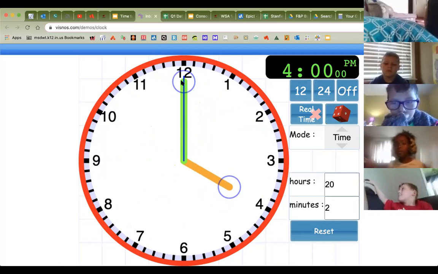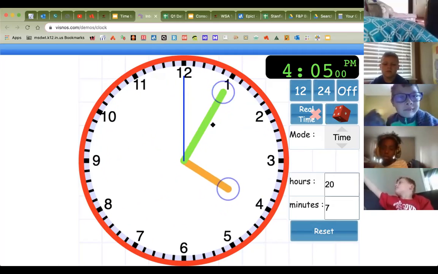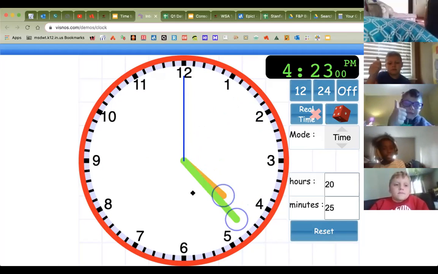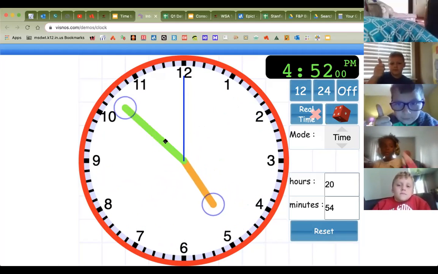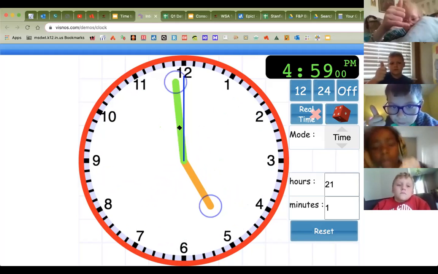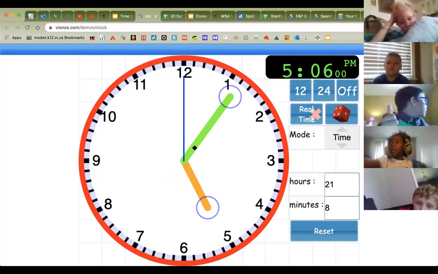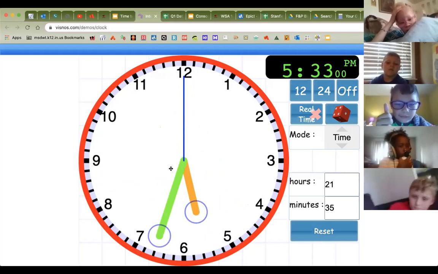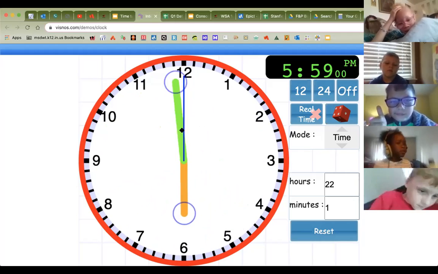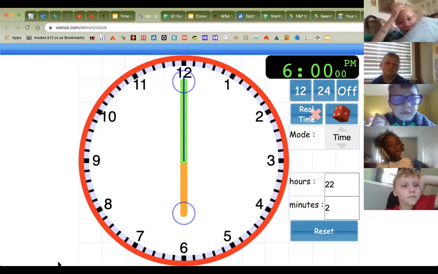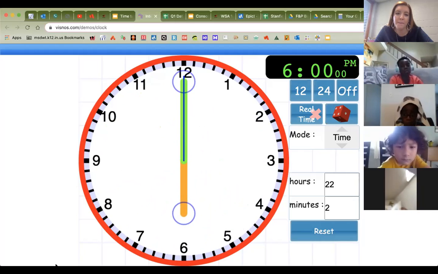Thumbs up or thumbs down, do clocks move this way? They do, they move this way. Do you notice that my time is getting bigger, or I'm going to the next number? We'll leave it right at 6 o'clock.